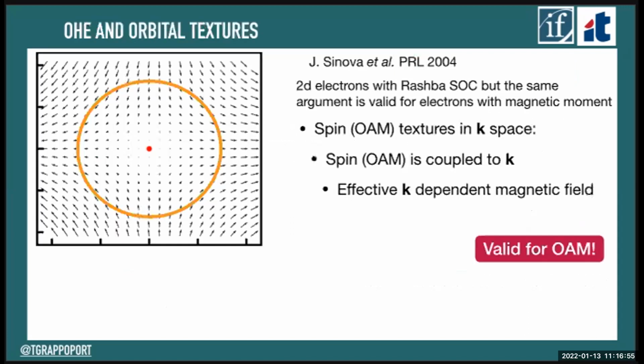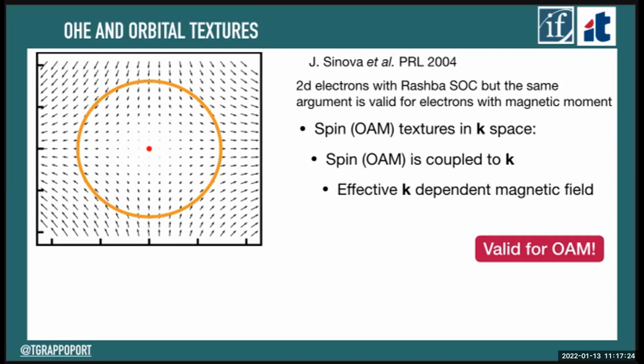Well, let me begin to discuss a little bit a mechanism that links the orbital textures with the orbital Hall effect. And one mechanism that does this link quite well is equivalent to the one presented in the famous work of Jairo Sinova and collaborators from the PRL from 2004. Let me review it a little bit.